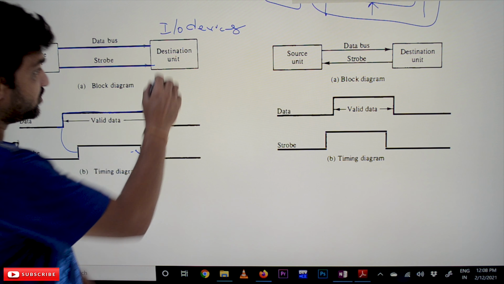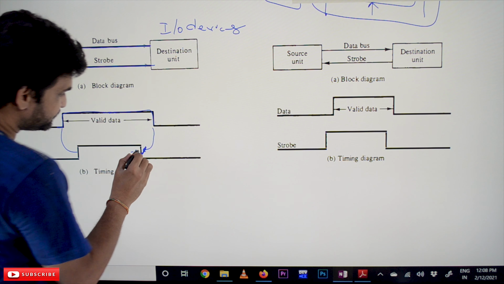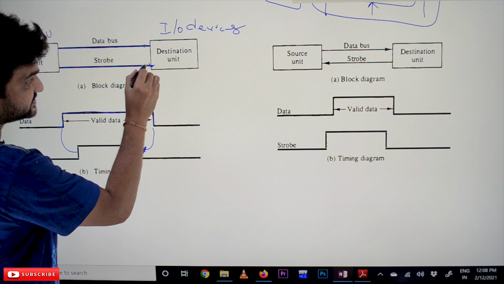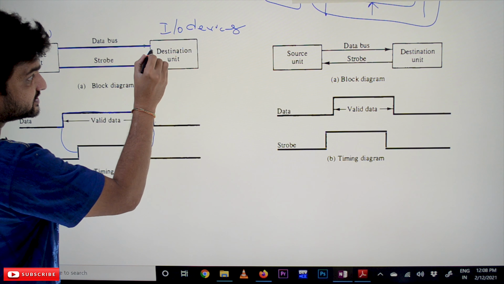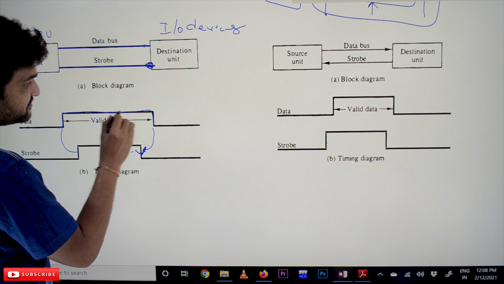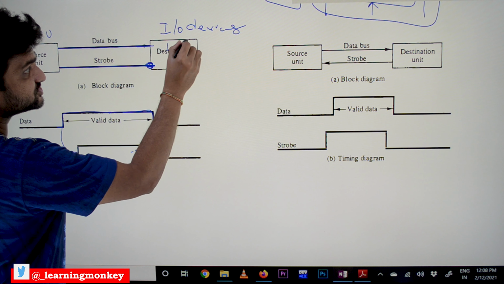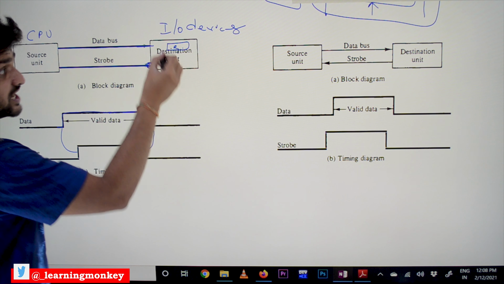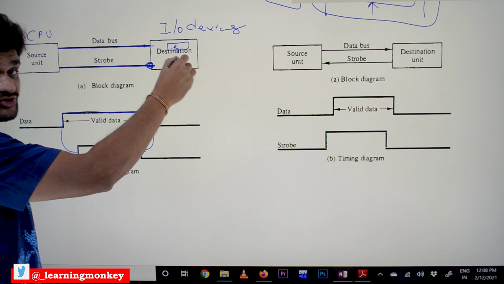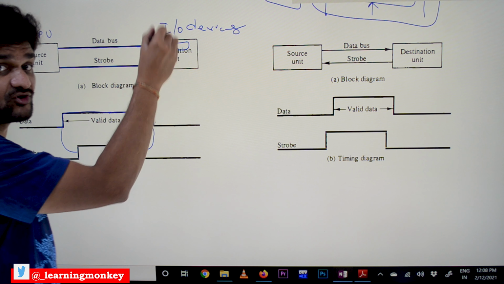Whenever this falling edge is received at the destination, the data coming from the data bus will get stored into the registers of this destination unit, the registers of this IO unit.